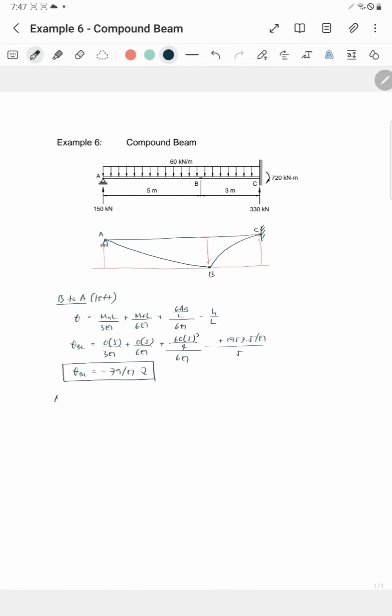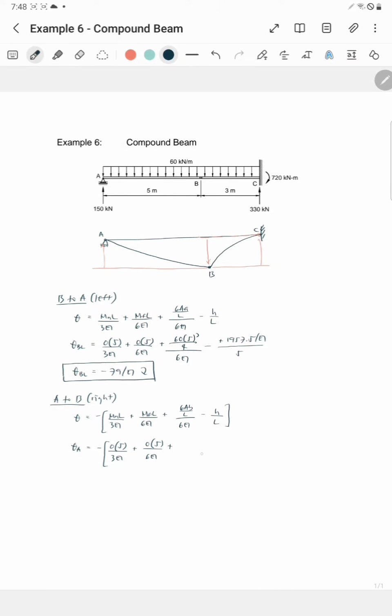Next, consider the direction A to B, so right. So this is the formula for theta right. And theta A is equal to negative the moment near, the moment at A, 0. The length is the distance from A to B, 5 over 3EI, plus moment far, the moment at B, 0. The length is 5 over 6EI. Then plus the load from A to B, which is a uniformly distributed load.